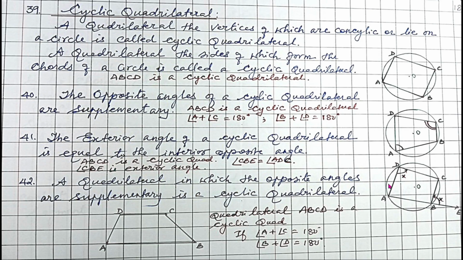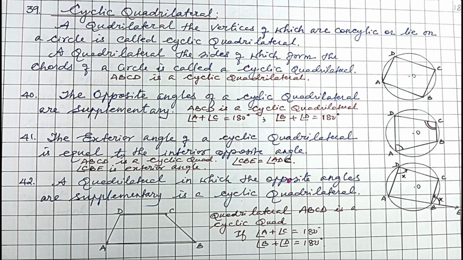If you see here, ABCD is the cyclic quadrilateral, and when I extend AB to E, I get the exterior angle, that is CBE. The angle CBE, which is the exterior angle of the cyclic quadrilateral, is equal to the interior opposite angle. The angle opposite to this is ADC, therefore angle ADC is equal to angle CBE. That is, angle CBE is equal to angle ADC.